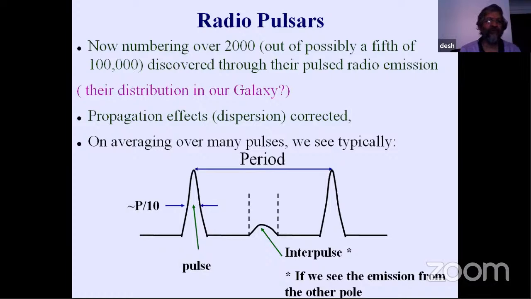So this I've been referring to on and off. We have more than 2,000 pulsars, and we have parameters for about 2,000 pulsars. Not for all pulsars, people might not have had the patience to sit and measure their evolution of the period. So period derivative might be missing. If the period derivative estimate is missing, just the period will not give you an idea about the characteristic age and the magnetic field strength.